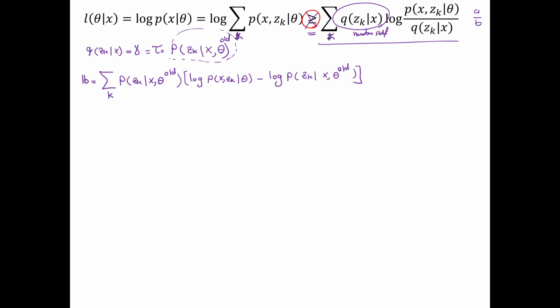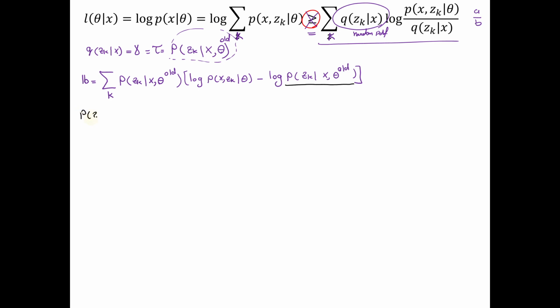Are we clear so far? Any question? Anyone? Before I continue, I want to make sure that we are clear. Okay. So what I'm going to do, I'm going to work on this term a little bit more. Not the log part, I'm just writing this term.